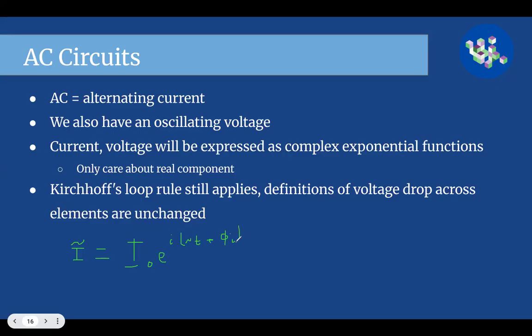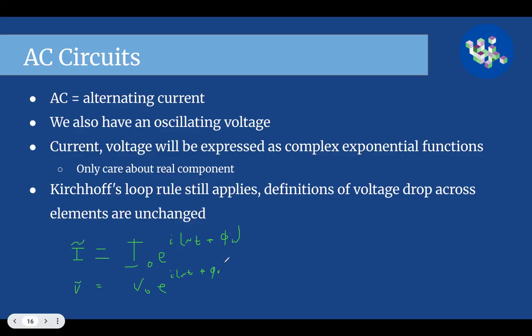And similarly, the complex voltage will be equal to some V0 times e to the i times omega t plus some other phase angle for voltage.